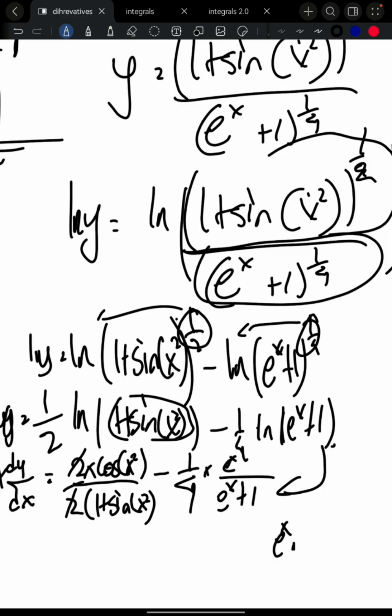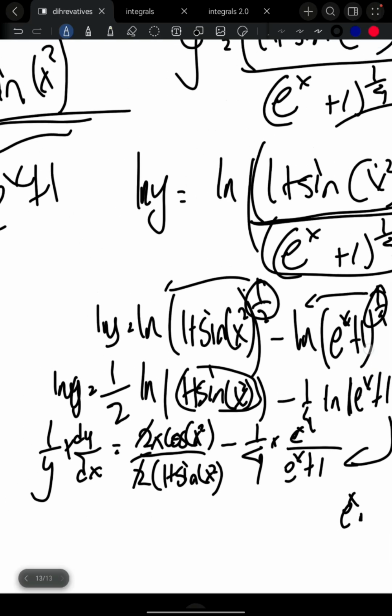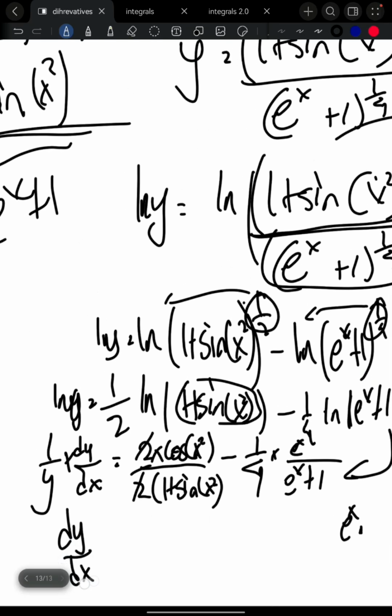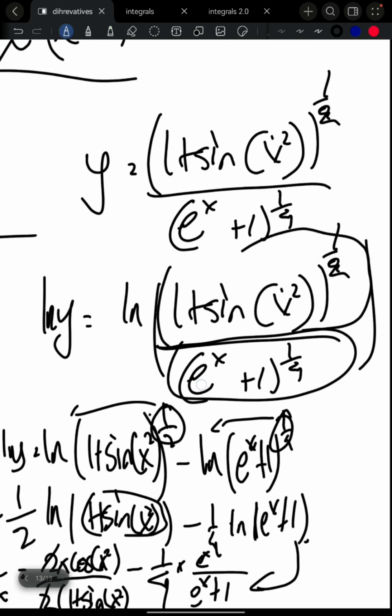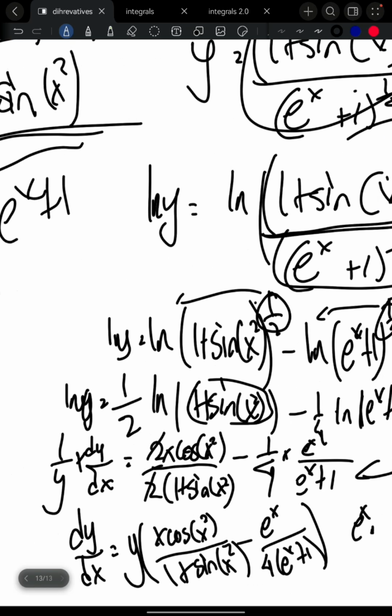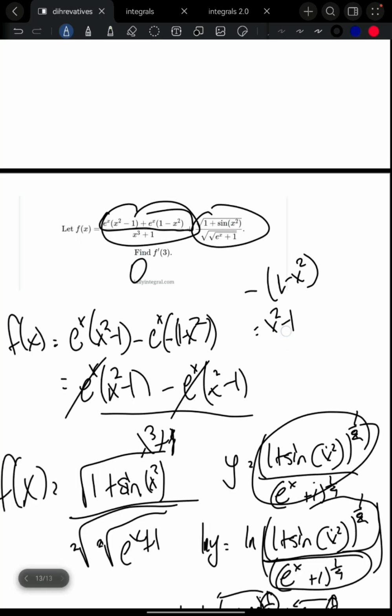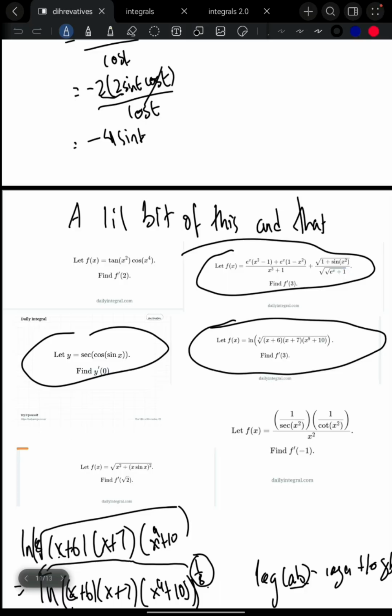So dy by dx is just multiplied by y, and that's x cos x squared divided by 1 plus sine x squared, minus, distribute the 1 over 4, so it's going to be e to the x over 4 times e to the x plus 1, and then put in y, all of this in here, and then you could simplify and put the number, you put 3 inside, and that's it.